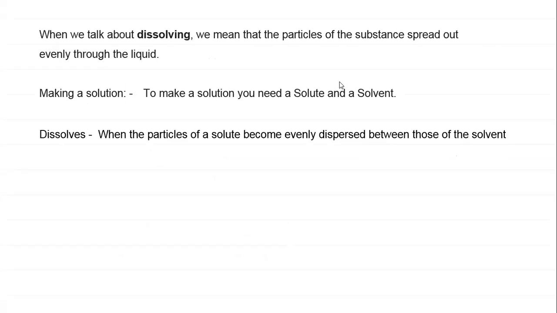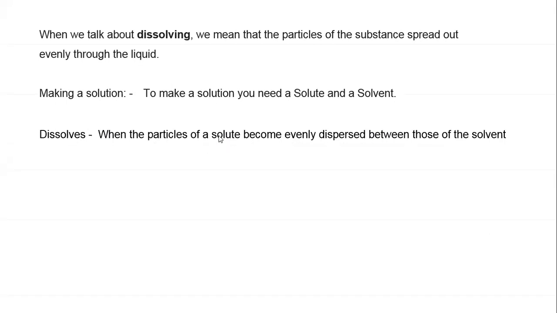Now the proper definition that you would need to give: dissolving means when the particles of a solute become evenly dispersed between those of the solvent.